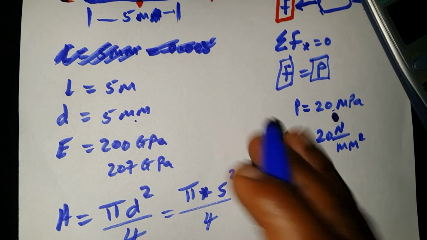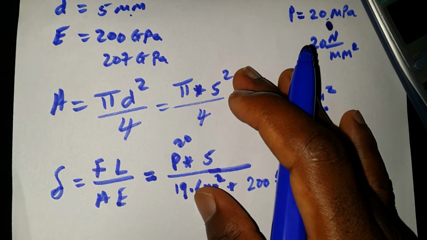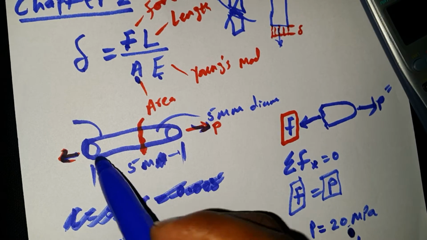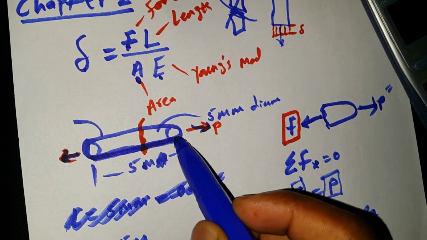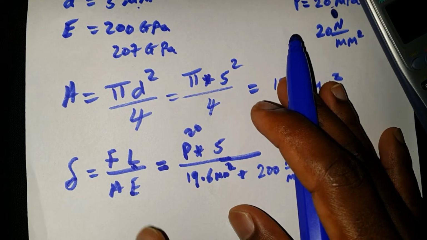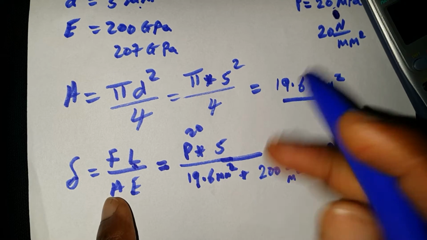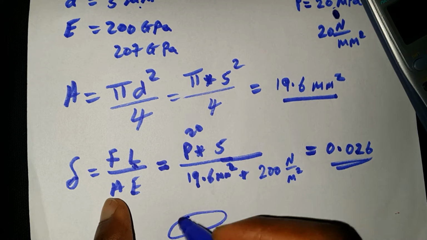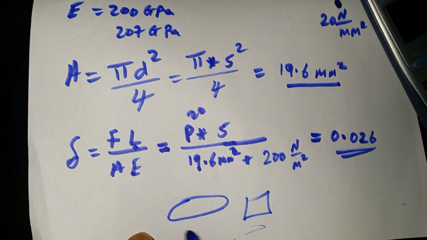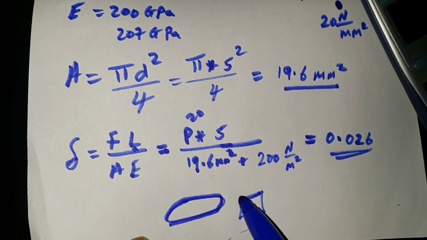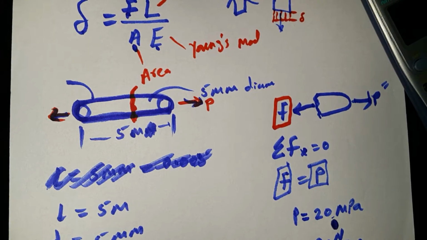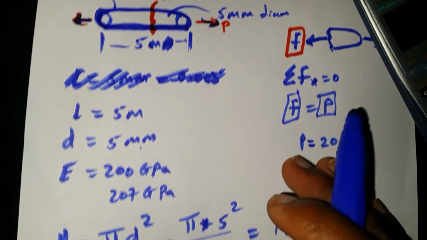The length here is the length of the whole member. And the area here is the area of the member, whether it may be a cylinder or a cube. We know how to find the area of a cylinder and the area of a cube. So this is one example, I hope it will help you.